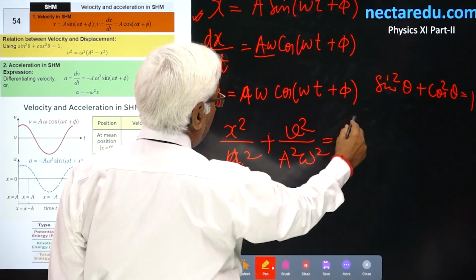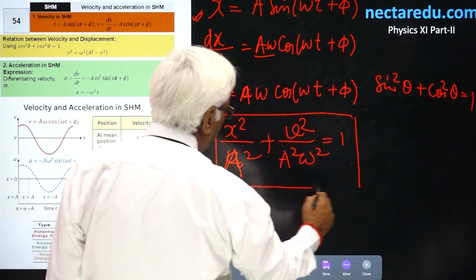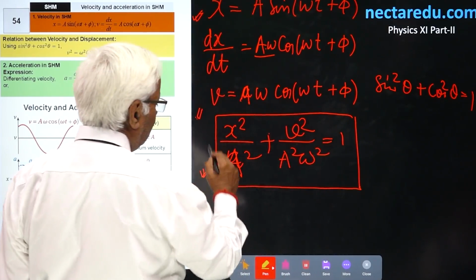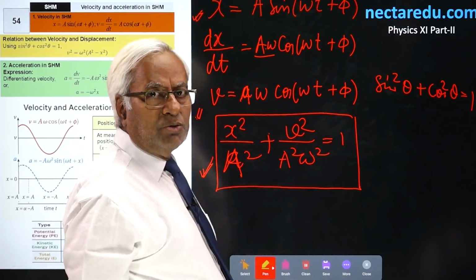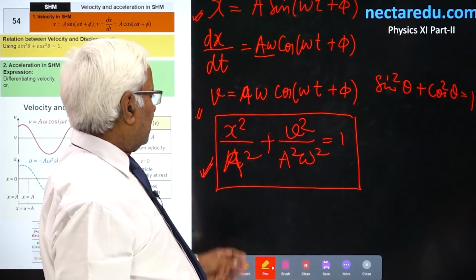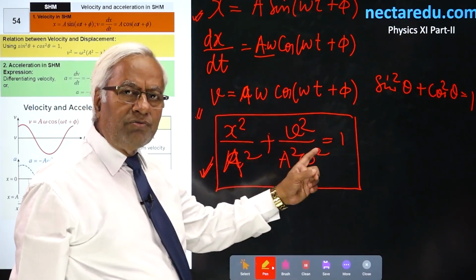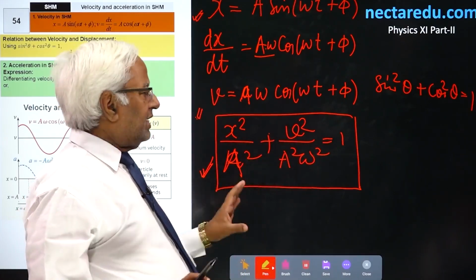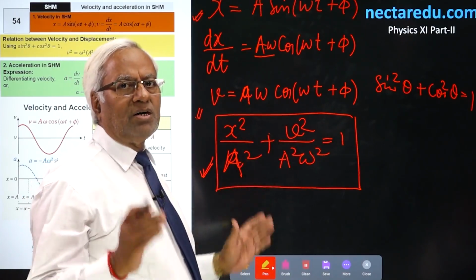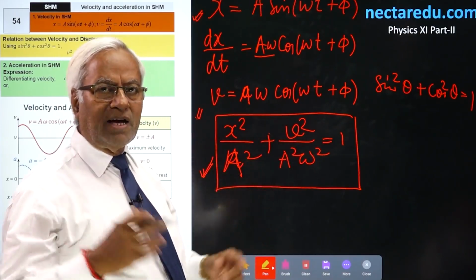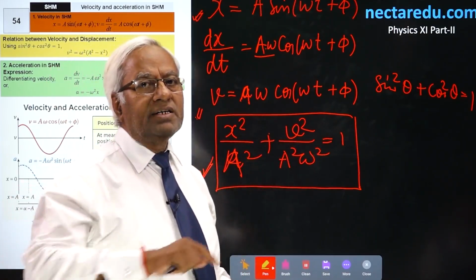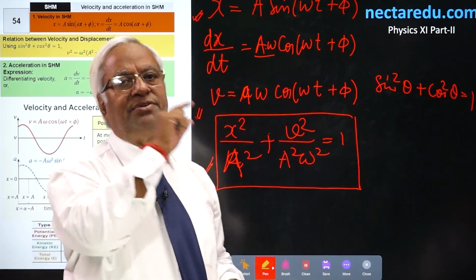This is equal to 1. If you remember, this is the equation for an ellipse, and the two axes, major and minor axis, are going to be x and v. So we could say confidently that velocity and displacement in simple harmonic motion are elliptically related.